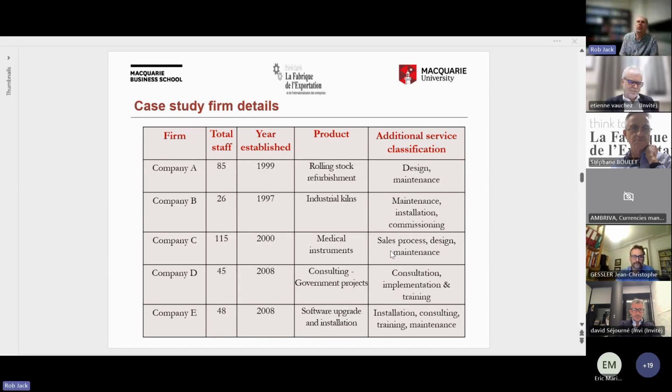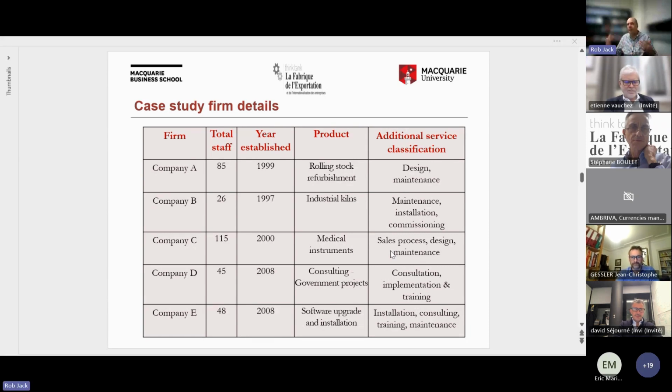The last two firms, D and E, are essentially classified as service firms. So again, their final product is very, very different. But you can see here, and I've just briefly listed these, the additional activities that are designed to support their key products.